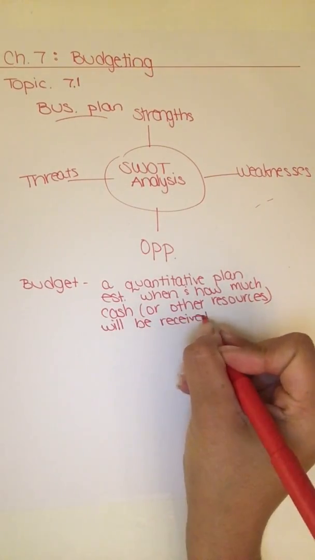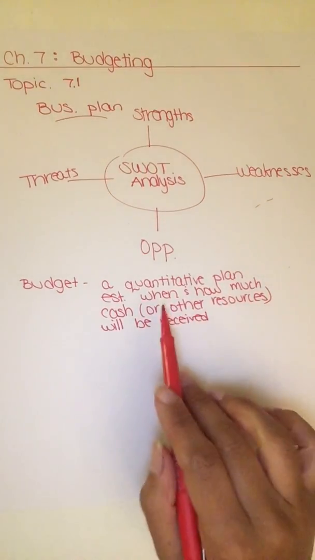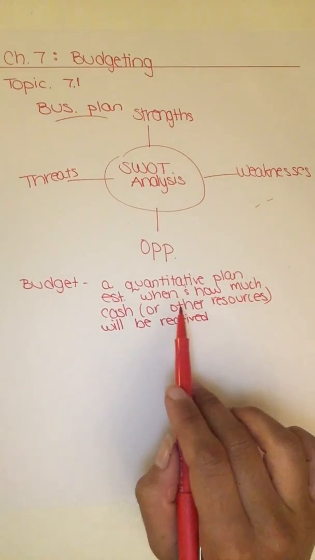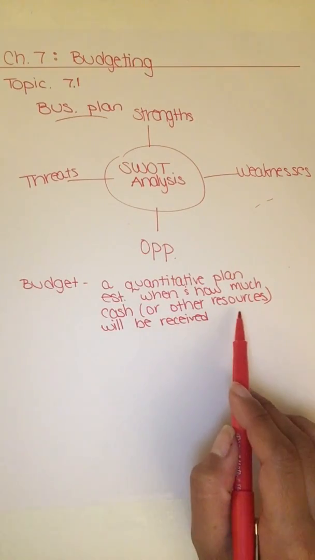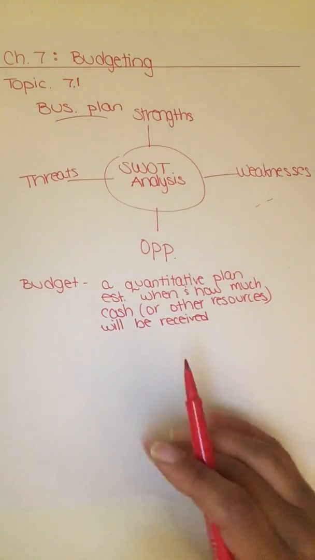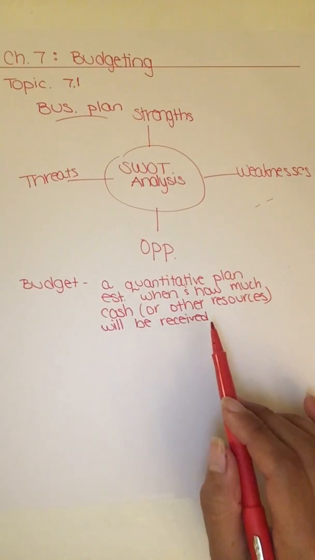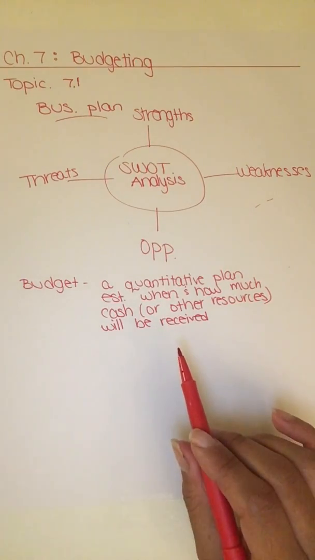I know it's lengthy, but it's a good one. So it's going to tell us in monetary terms how much the company is planning to receive in cash or other resources, right? Accounts receivable, capital assets, things like that. When are we going to receive them?